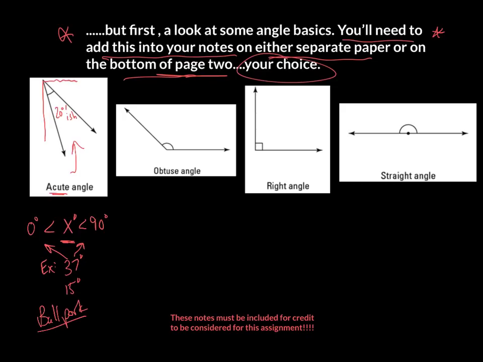Next, sort of the polar opposite of a little guy would be a big guy, an obtuse angle. An obtuse angle is going to be strictly greater than 90 degrees, so bigger than a right angle, and smaller than 180 degrees, a straight angle or a straight line. So again, looking here, it's a pretty big angle.